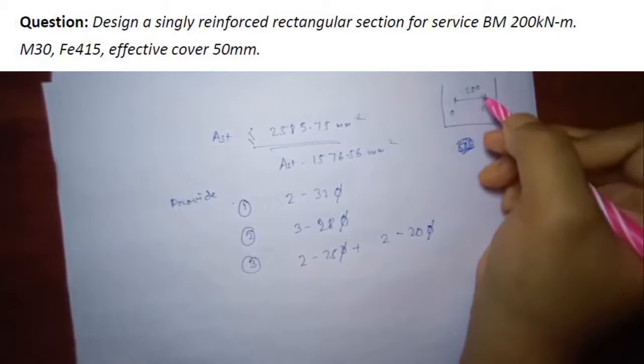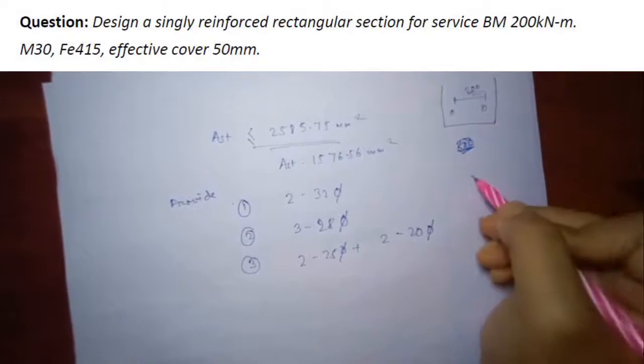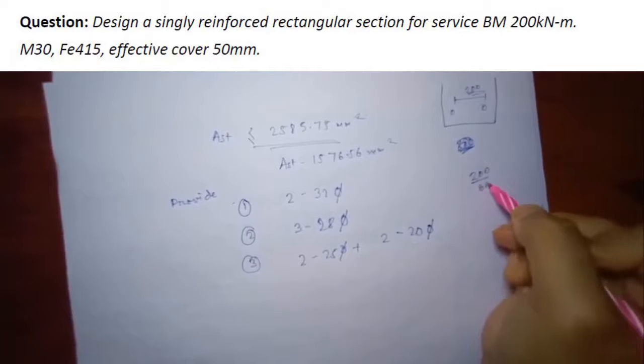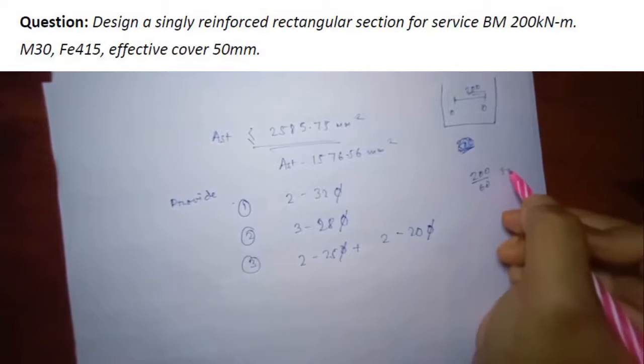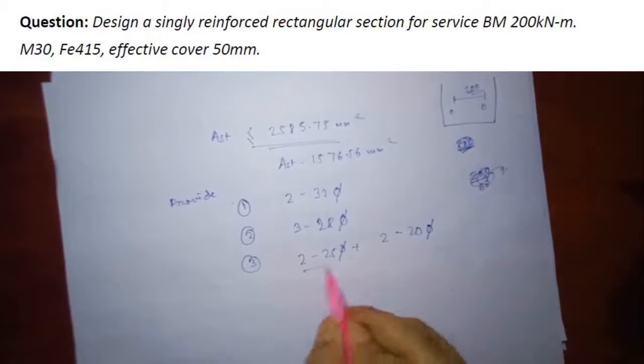So minimum 60 shall be there as the clear spacing. So 200 by 60 will be somewhere around 3 point something. So we will not use more than 4 bars. So this much must be our limit.